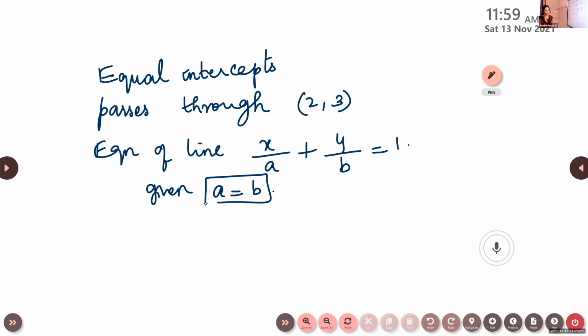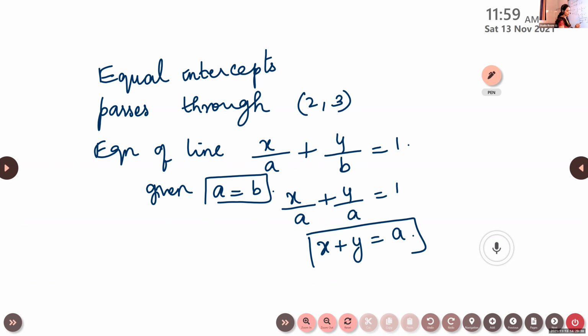Both a and b are the same. So we can write this as x by a plus y by a equal to 1, that is x plus y is equal to a.